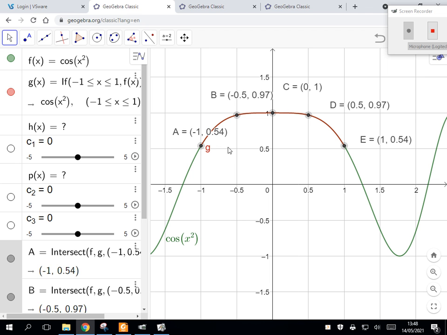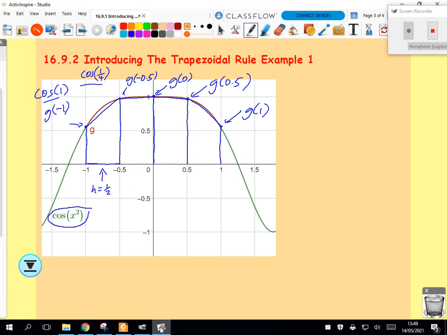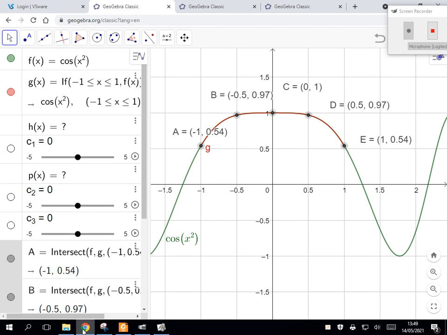It's reflecting onto itself across the y-axis. So at -1, the height of this first one is 0.54. Again, that's approximated. The height of this second one we said was 0.97. The height of this one was 1. This was 0.97. And this was 0.54 in height. Just to confirm those values.